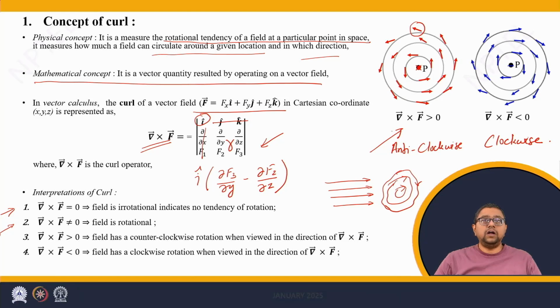Now, if the curl of a field is positive, it indicates that the field has an anti-clockwise or counterclockwise rotation. On the other hand, if the curl of the field is negative, the field has a clockwise rotation.